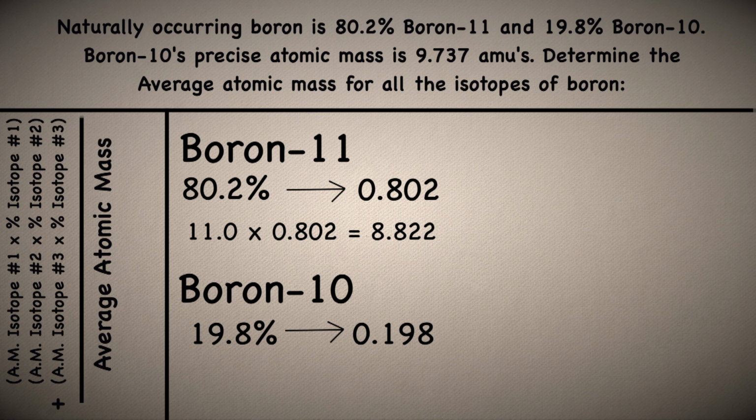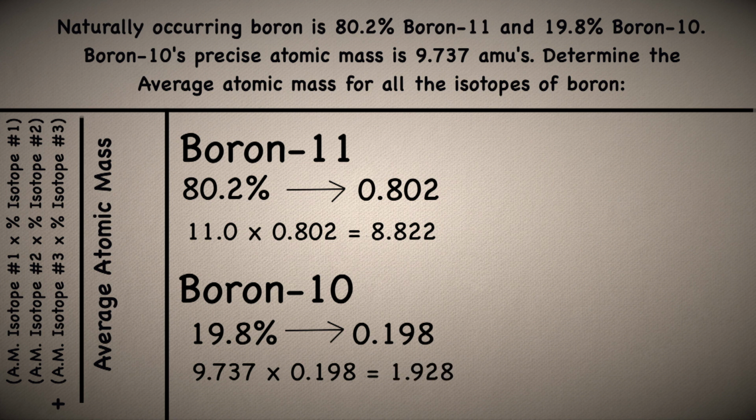Now let's go down to boron 10. Boron 10 has an atomic mass of 9.737. We multiply that by the 19.8% decimal, which is 0.198. When we multiply 9.737 by 0.198, we get 1.928.